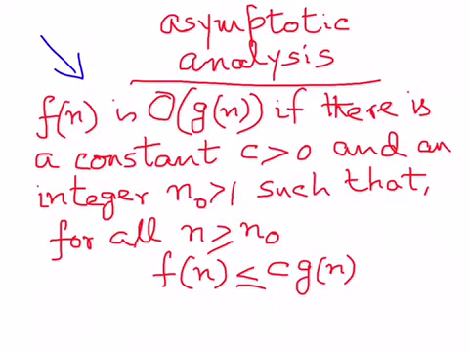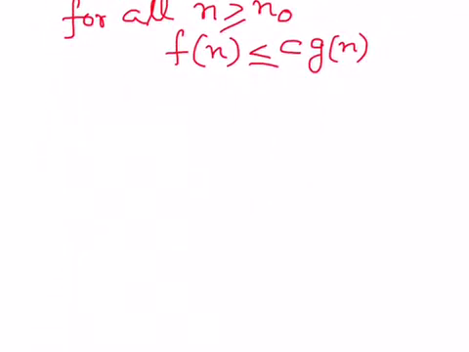This definition I have explained several times in the lectures, so if you are unfamiliar, I would encourage you to have a look at the lecture recordings. But what I'll do today is start from this definition and show how we can solve different problems.